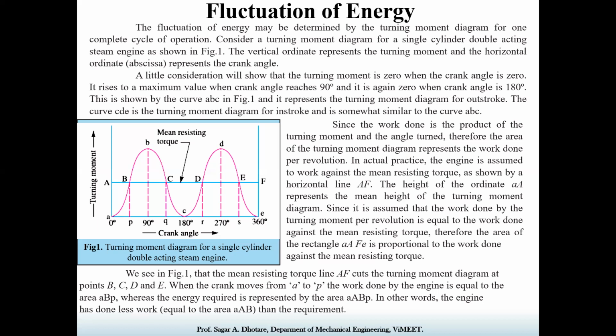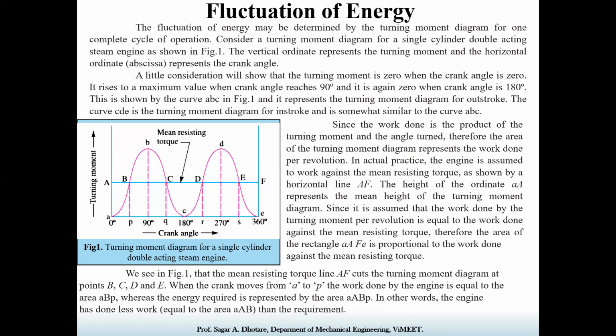Now, the mean resistance torque line AF cuts the turning moment diagram into two segments, an upper segment and a lower segment, at particular points B, C, D, E respectively.